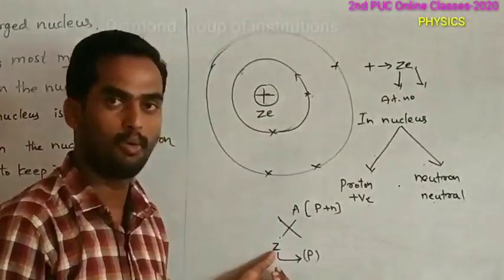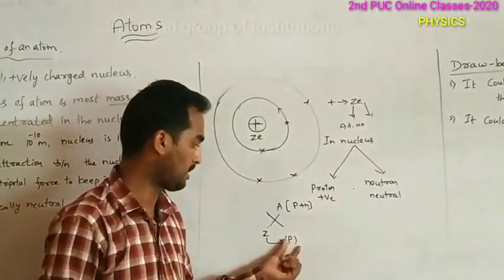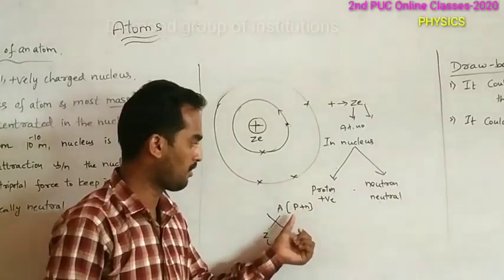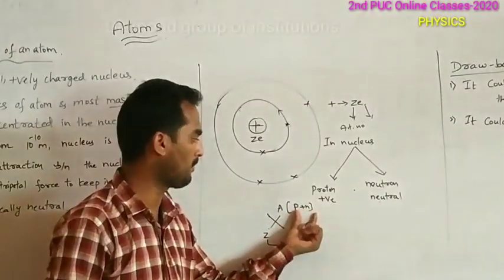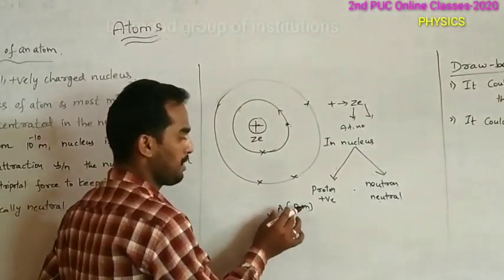Say once again, what is meant by atomic number? The number of protons present in a nucleus. Then the number of protons with the number of neutrons, totally we call the atomic mass number, or directly mass number.